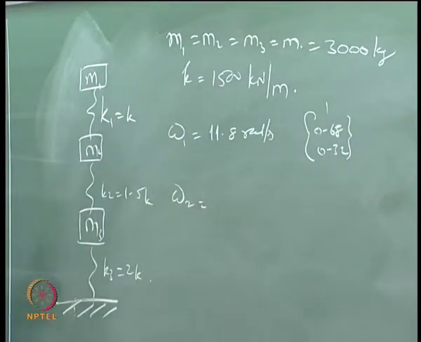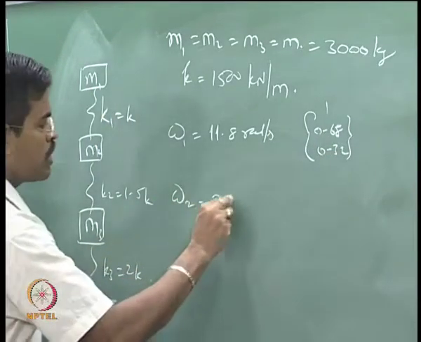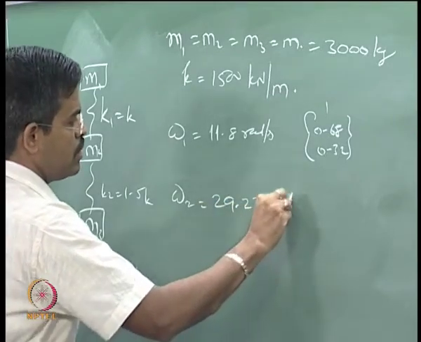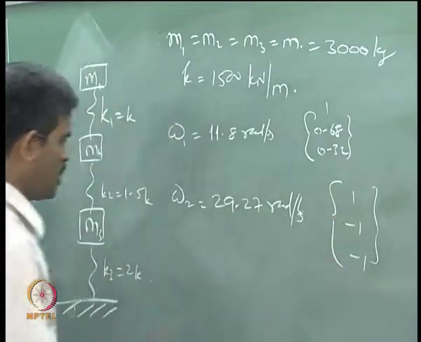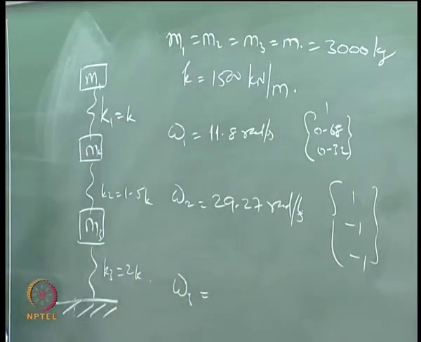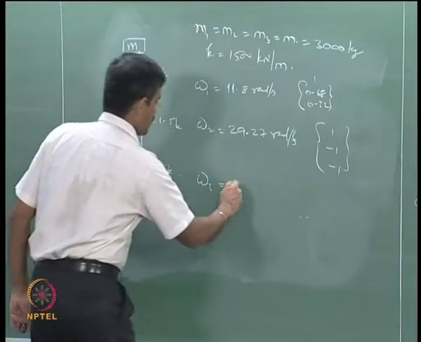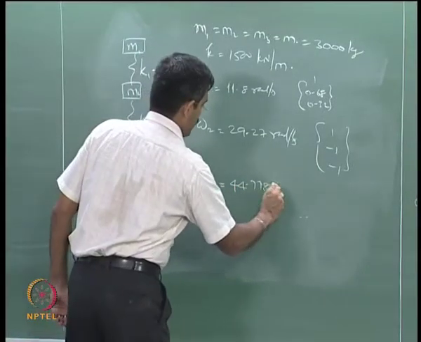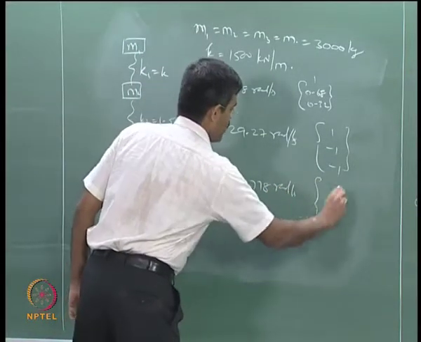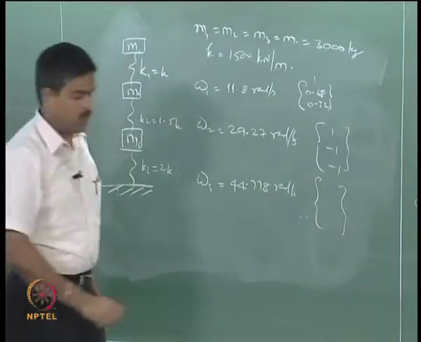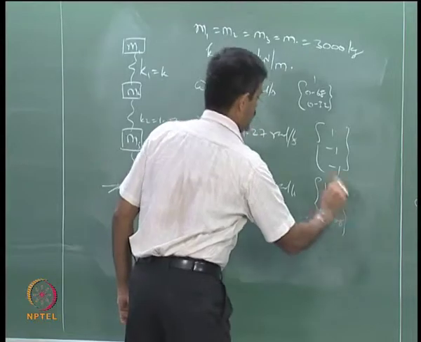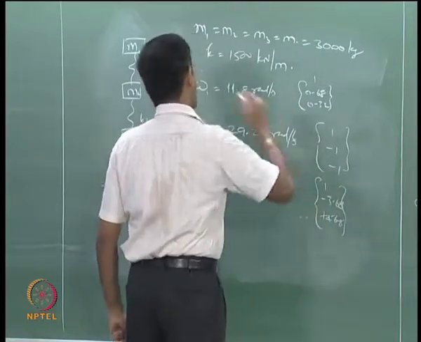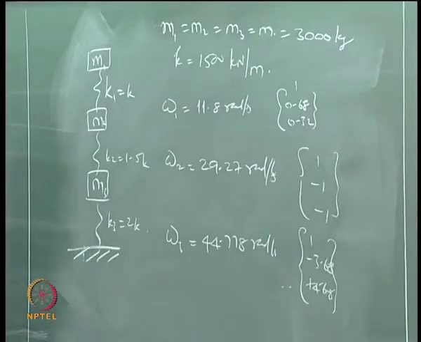Omega 2 is 29.27 radians per second and phi 2 was 1, minus 1, minus 1, and omega 3 is 44.778 radians per second and phi 3 was 1, minus 3.68, plus 4.68. Single crossing, double crossing, zero crossing: first mode, second mode and third mode.